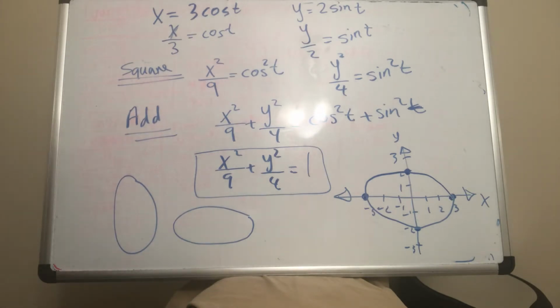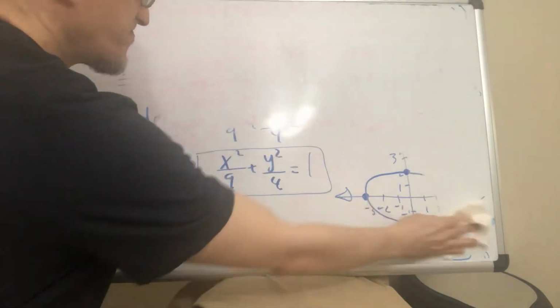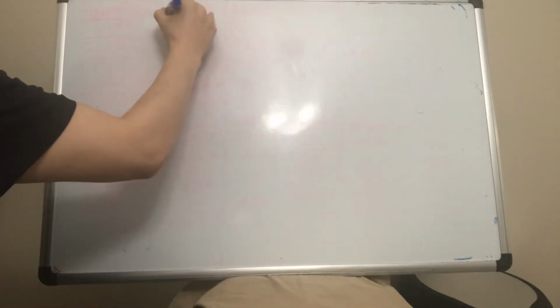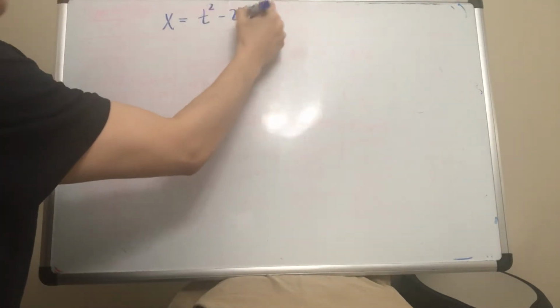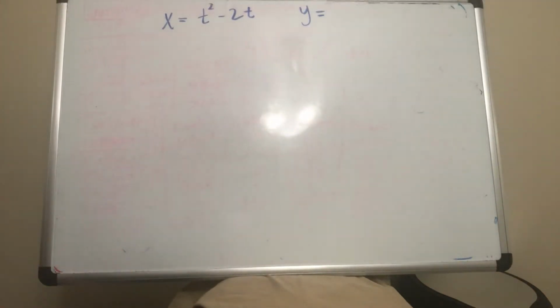The question 2 in your worksheet 1A, you have a parametric curve x equals t squared minus 2t and y equals t squared.